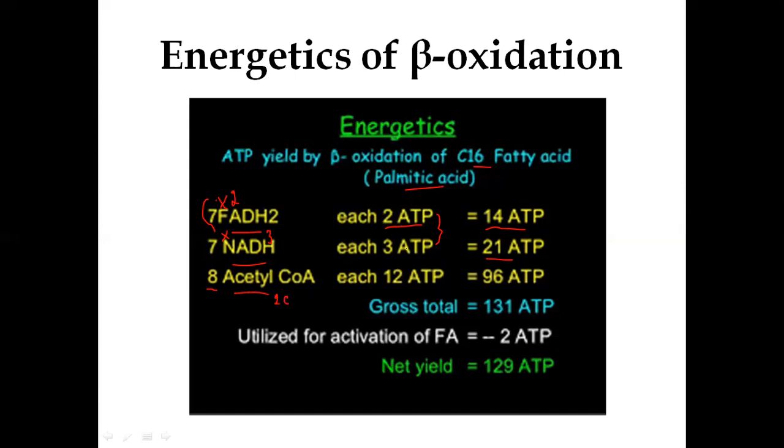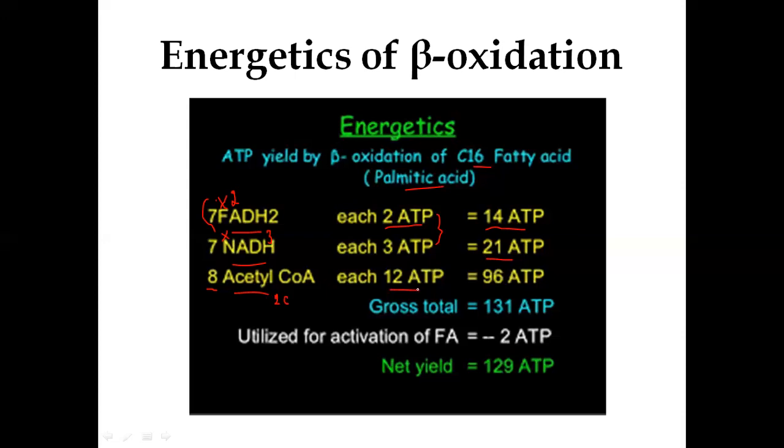Each molecule of acetyl CoA, when it enters the citric acid cycle or the Krebs cycle, releases 12 ATP molecules.